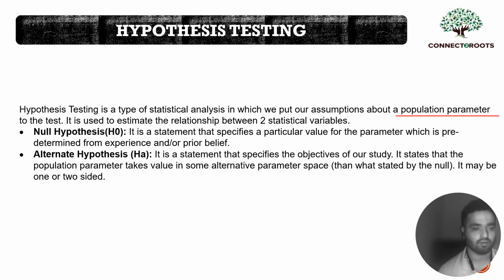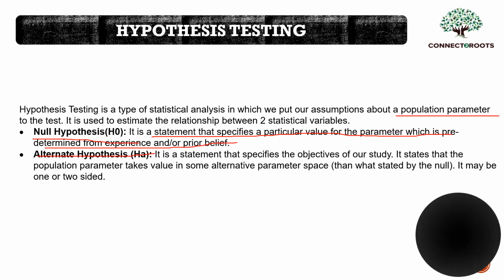While defining a hypothesis, there are two types: one is the null hypothesis, one is the alternate hypothesis. What is the null hypothesis? It is a statement of a particular value of the parameter which is predetermined from experience or prior knowledge. Whereas the alternate hypothesis is a statement that specifies the objective of your study.